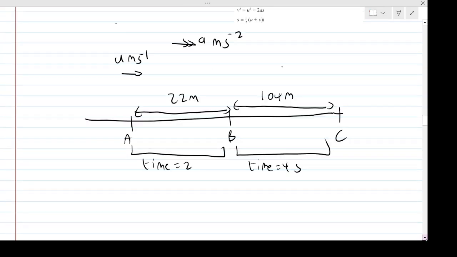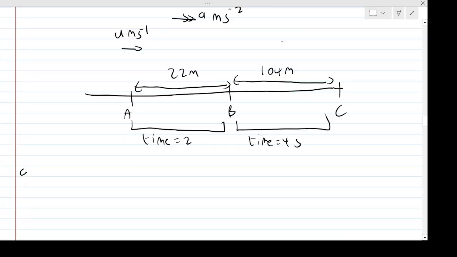Right, so what are we going to do here? We want to find A and U. If I list my SUVAT, I'm not going to list what I have, but I'm going to say S, U, V, A, and T. I want U and A. I need both of them.